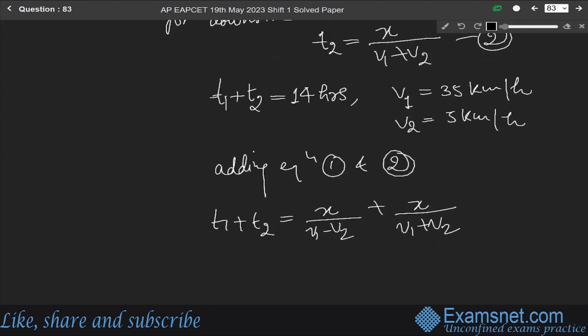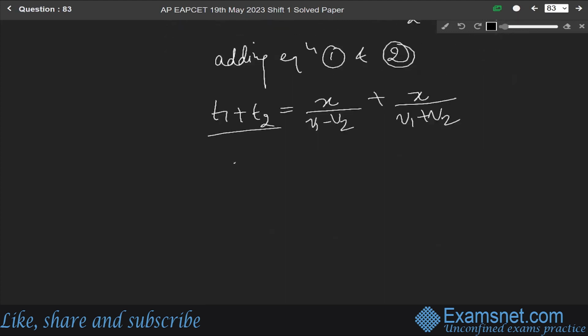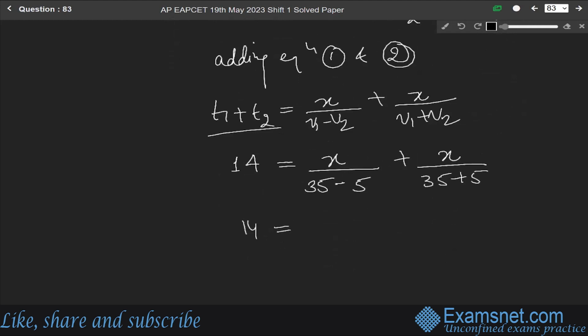Now solving it, T1 plus T2 is 14 hours, equal to x over 35 minus 5 plus x over 35 plus 5. So 14 equals x over 30 plus x over 40.